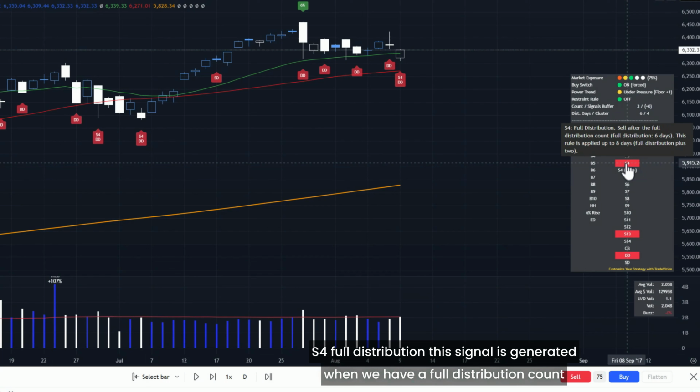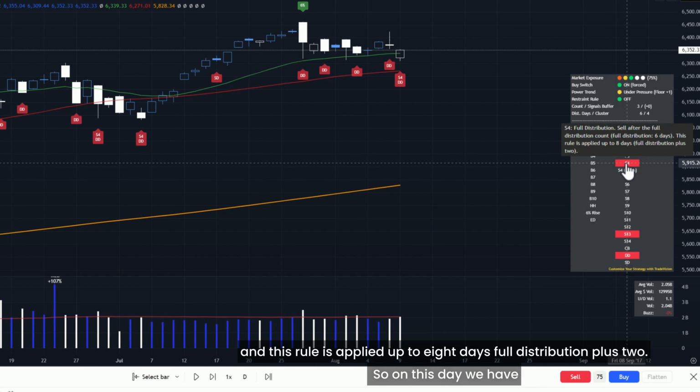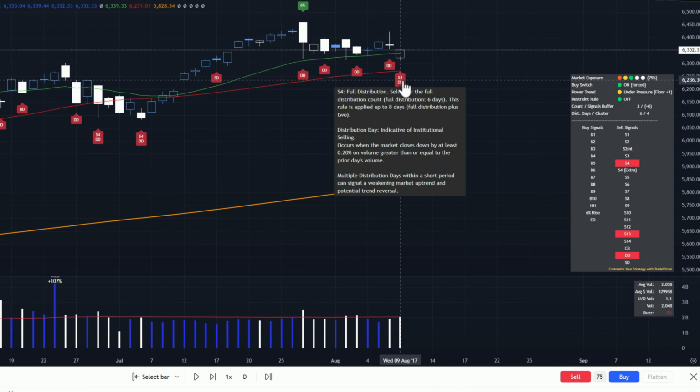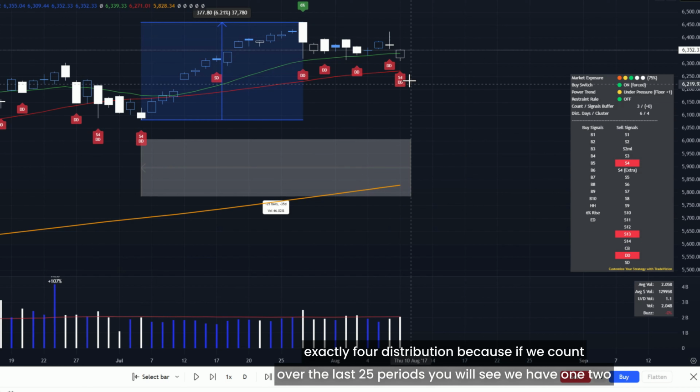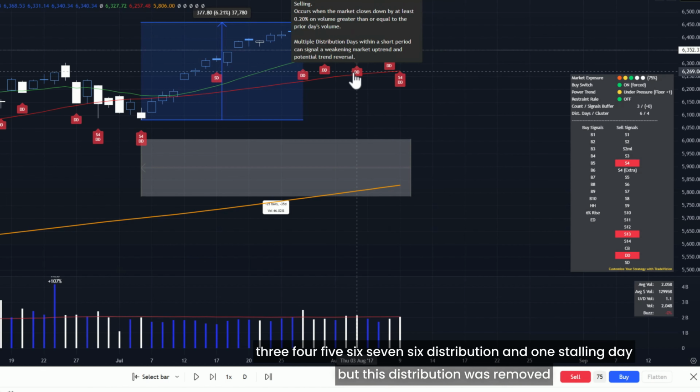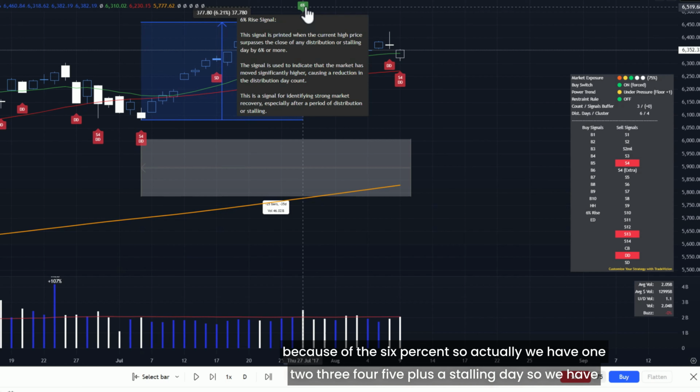S4, full distribution. This signal is generated when we have a full distribution count, and this rule is applied up to 8 days, full distribution plus 2. So on this day, if we count over the last 25 periods, you will see we have 1, 2, 3, 4, 5, 6, 7 distribution days, but one distribution day was removed because of the 6%.